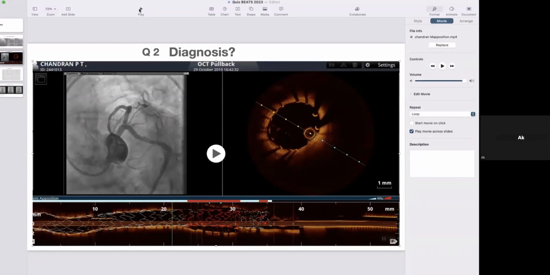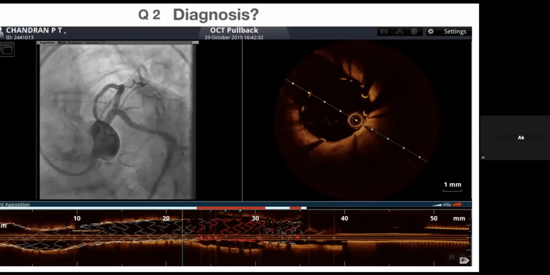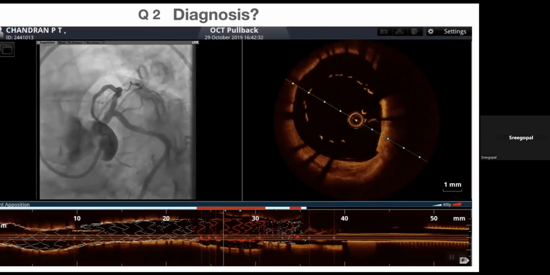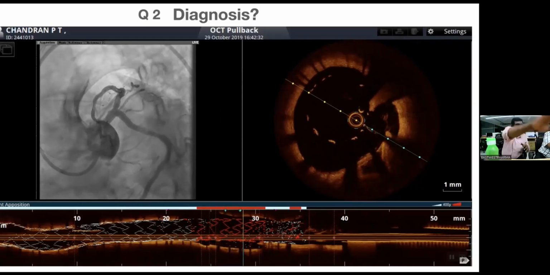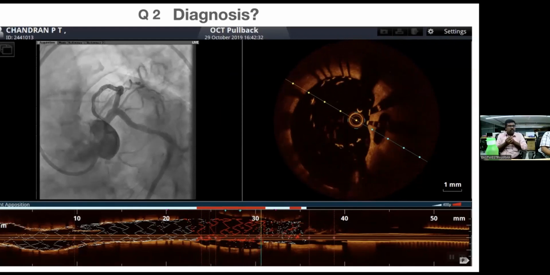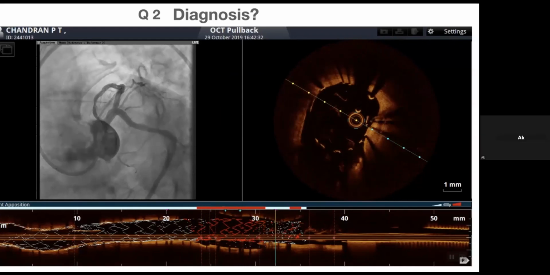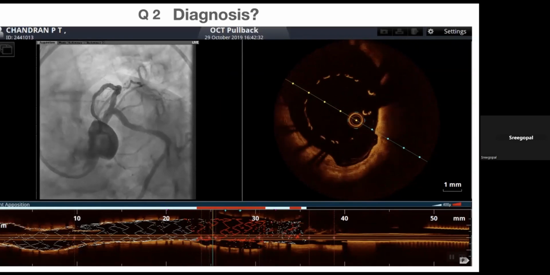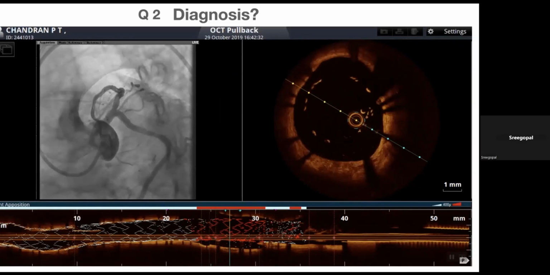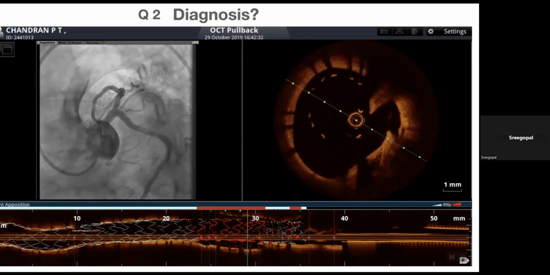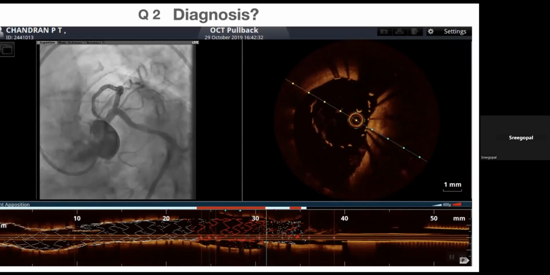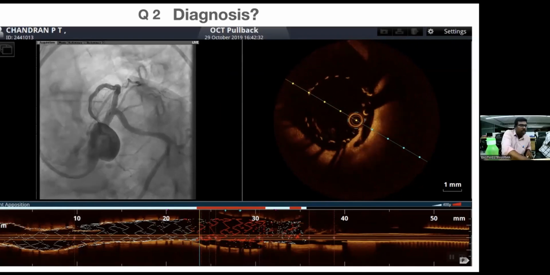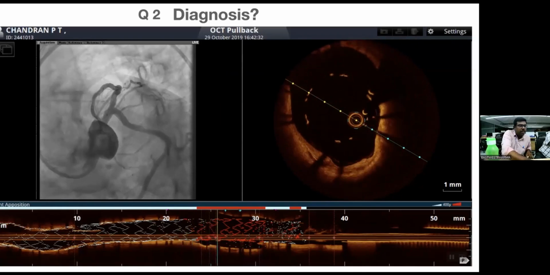So the corner views are good for visualizing. Doctor, I can shoot next question, doctor. Time up.